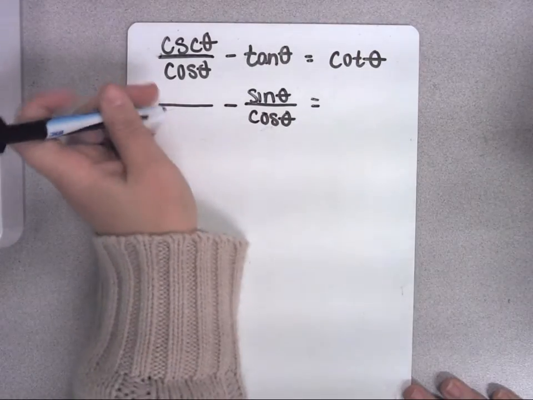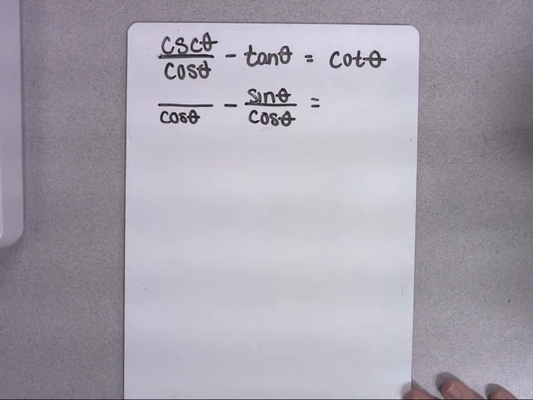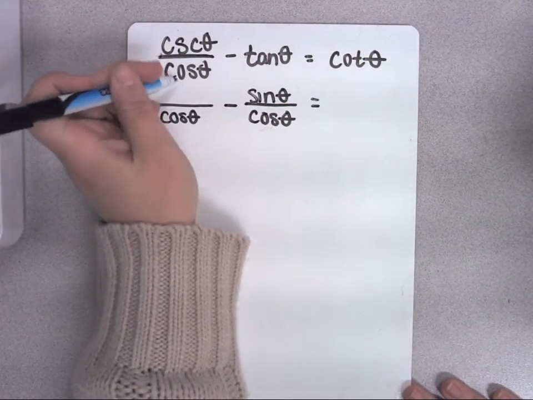So cosine is already on the bottom, yes, because it's already a basic trig function. Okay. What is cosecant?